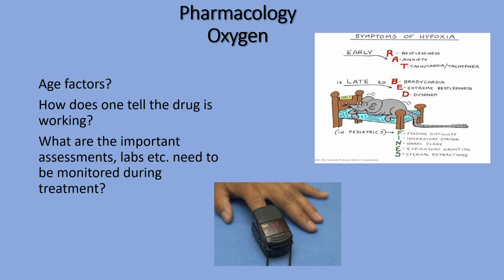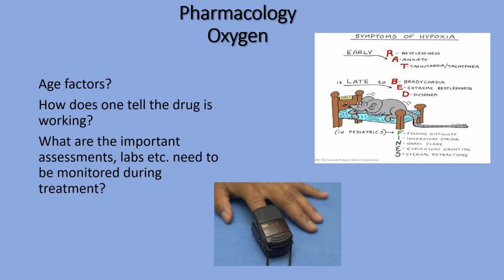I'm going to have to say that there are really no age factors when giving oxygen. It's probably one of those drugs that you can give to somebody who's just born up to the very last breath that you take. People can get oxygen because we need oxygen to live. With that said, you can give a preemie too much oxygen, because that can turn into oxygen toxicity.